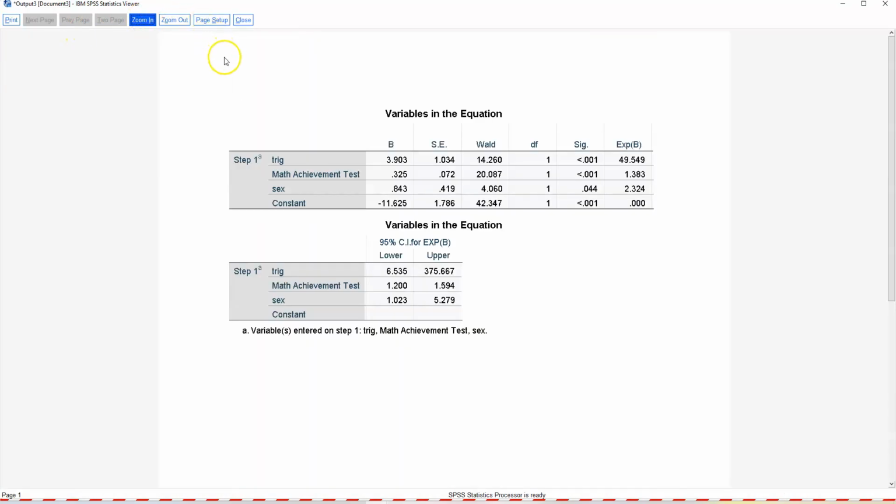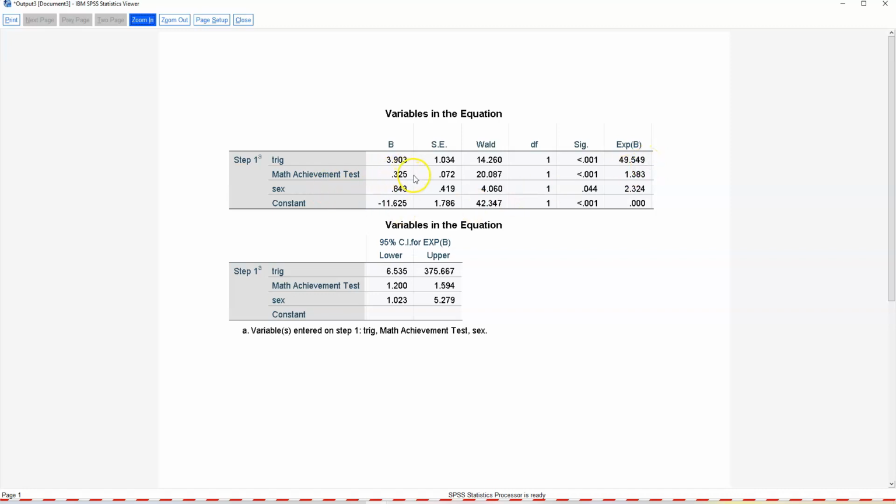Let's take a look at our variables in the equation. Trigonometry, we have the math achievement, and we have right here the Wald and the degrees of freedom. But what's important here is our sig. All of the variables are significant. And we have our odds ratio here. You can see the one that we have here for trigonometry is almost 50.